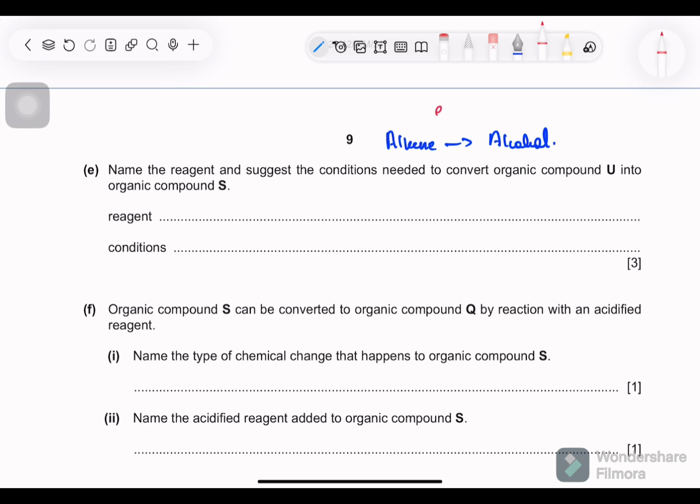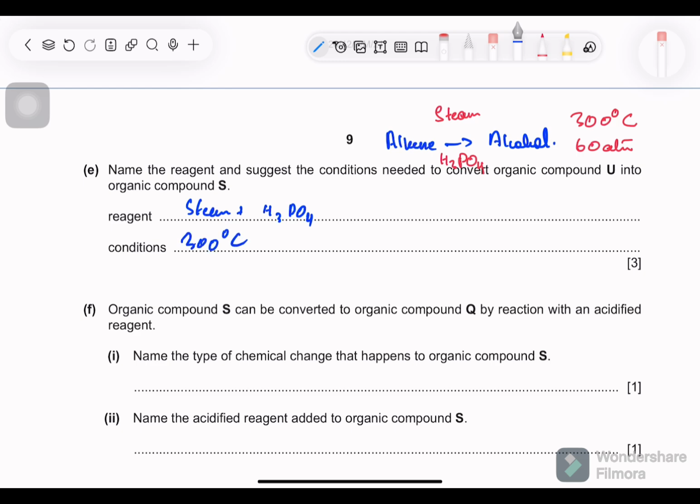We need the reagent steam, and we need a catalyst, phosphoric acid, H3PO4, and the conditions should be a high temperature, 300 Celsius, and a high pressure, 60 atm. So these are the conditions: steam plus phosphoric acid.